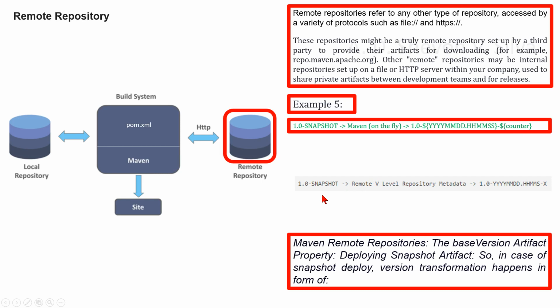Consuming snapshot artifact: if your project depends on a snapshot dependency, the POM of your project usually contains a version value that ends with snapshot, for example 1.0-SNAPSHOT. Still, as we see above, remote repositories do not contain such versions, but only timestamped ones.